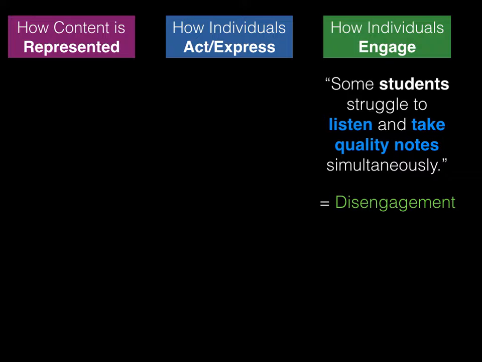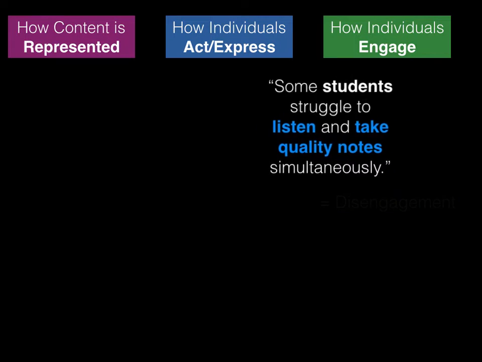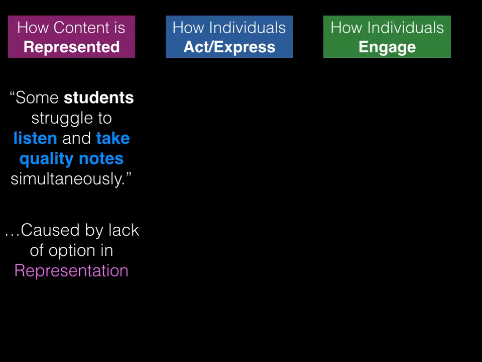That would be an affective issue, and therefore we ought to look for ways to better engage students. Still, somebody else might suggest, this whole problem could be avoided if the instructor found different ways to represent information for students' note-taking purposes. Let's take a look at how each of these were approached.